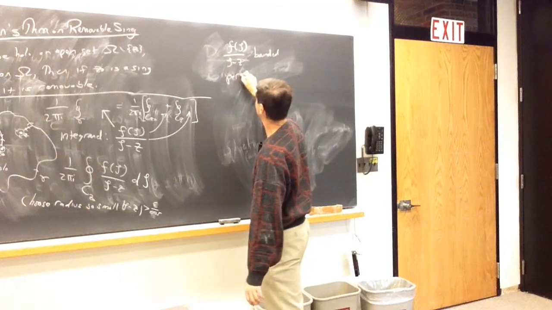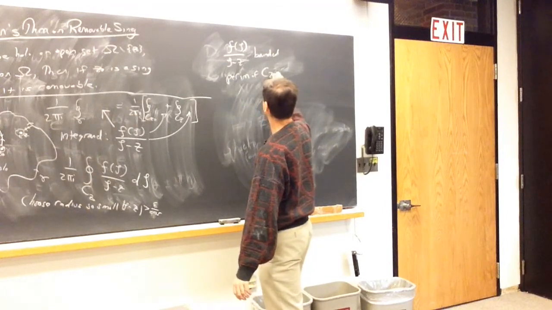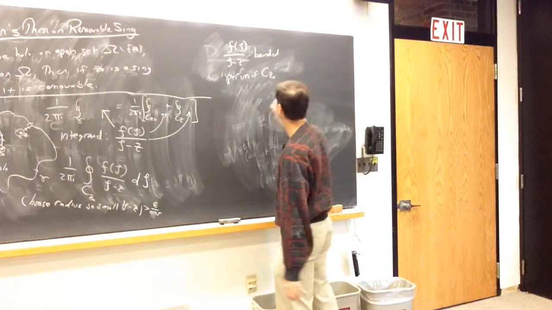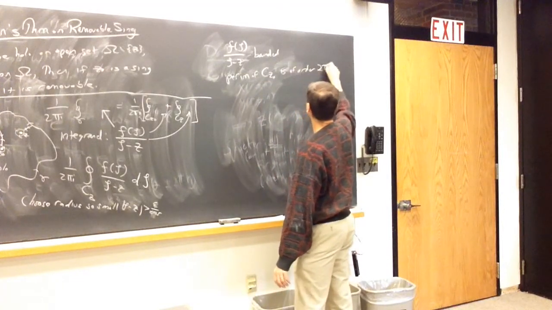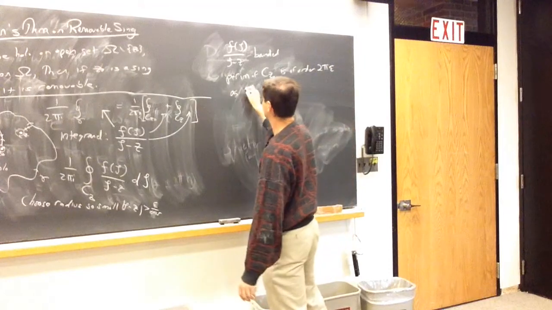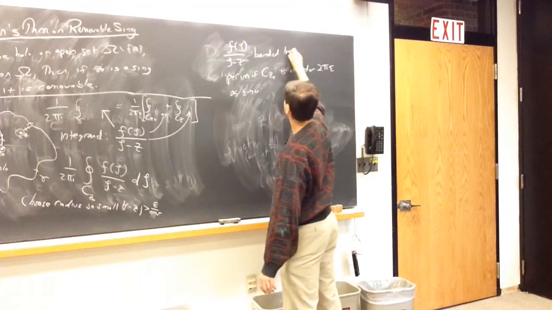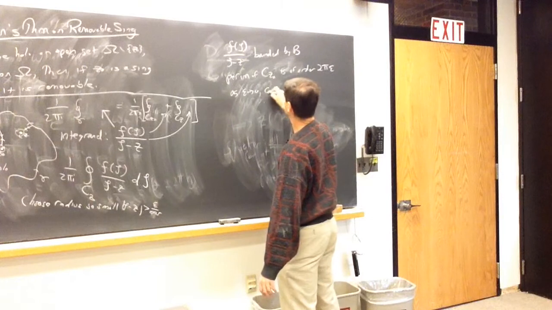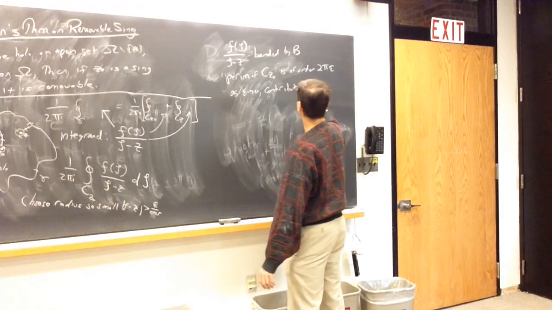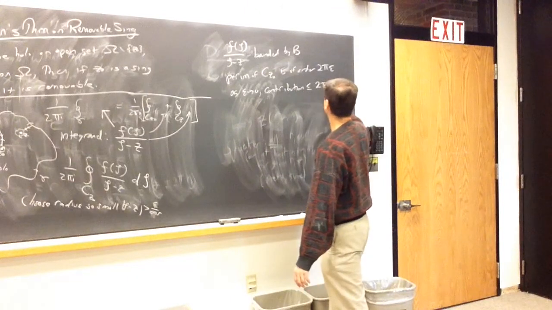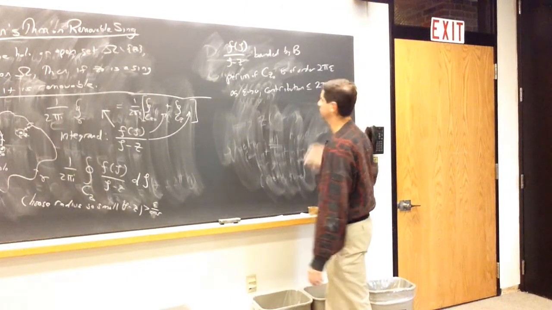The perimeter of the circle centered at z naught is of order, say, 2 pi epsilon. As epsilon goes to 0, bounded by b, the contribution will be less than or equal to 2 pi epsilon b, which goes to 0.